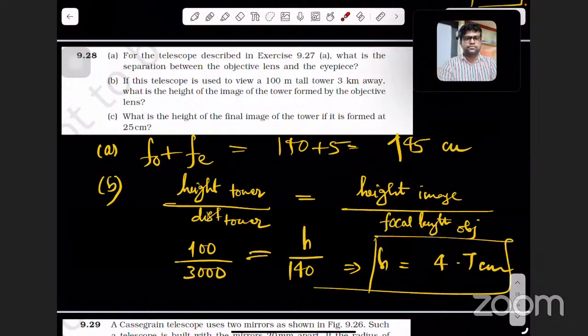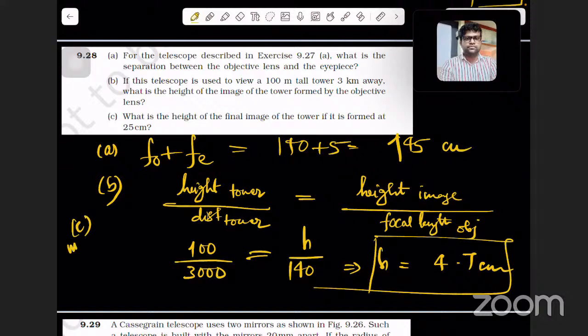Now, what is the height of the image of the tower? We found the height of the image of the tower. What is the height of the final image of the tower if it is formed at the least distance of distinct vision, that is 25 centimeters? Okay. So the magnification in (c), magnification is 1 plus d by fe, right?